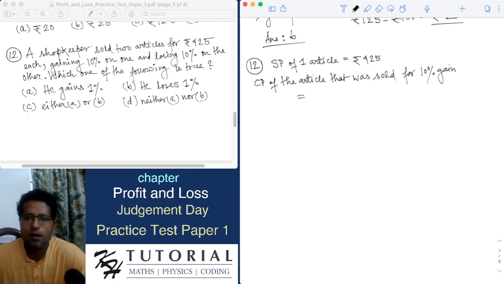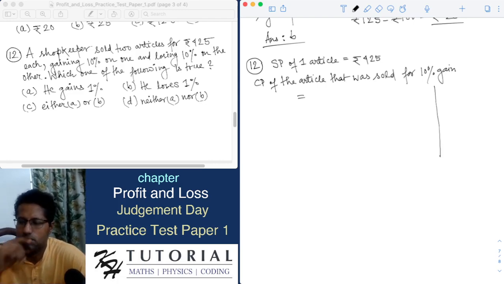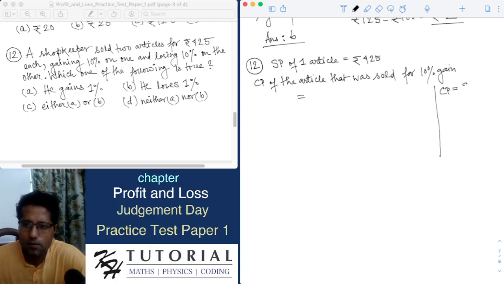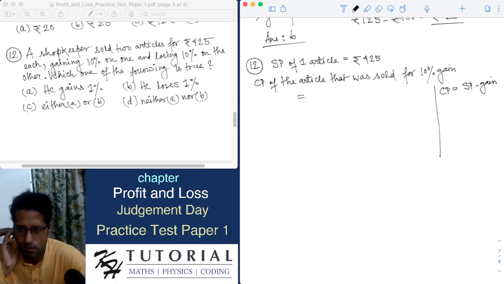When there is a gain, we know that cost price is equal to selling price minus gain. We know this from the basic definition of cost price, selling price, and gain. Now this gain is the total gain on the cost price. Given the selling price and given the gain percent, how do we find the cost price?